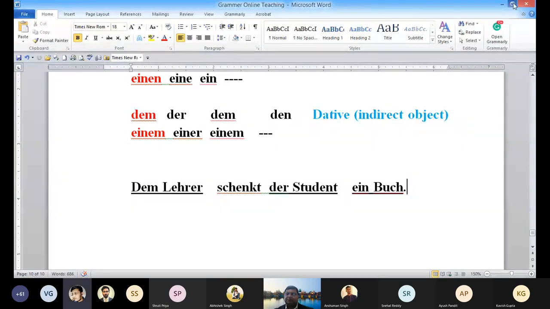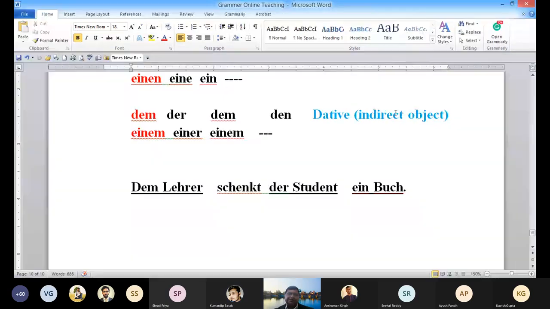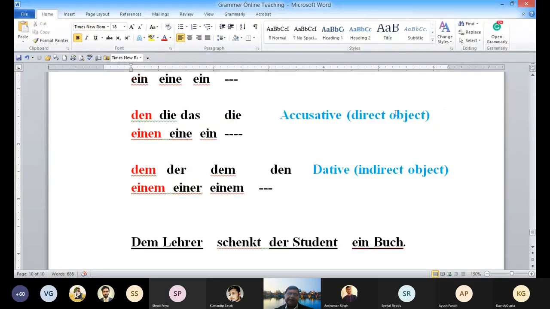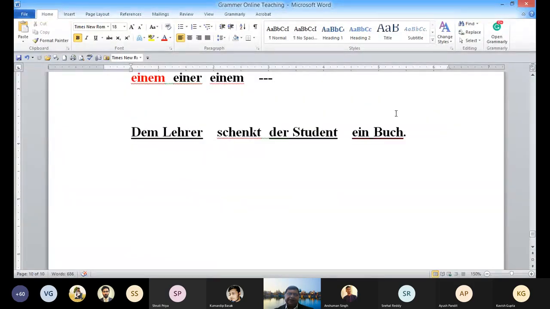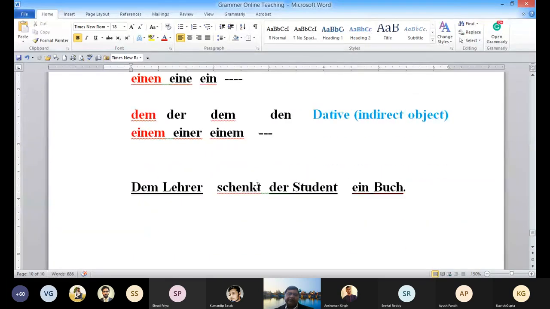Sir, can you give a few examples relating to the possessive pronouns? Just to clear. Possessive pronouns here, suppose you start writing here, the possessive pronoun is starting with mein. So it will be mein, mein, and here meine and meine, meinen, meinem, and suppose I'm using here the student presenting to the teacher my book. So simply I will write here mein Buch instead of ein Buch.